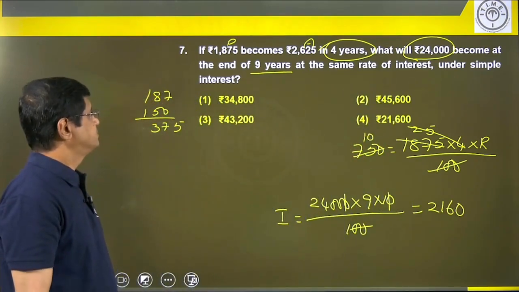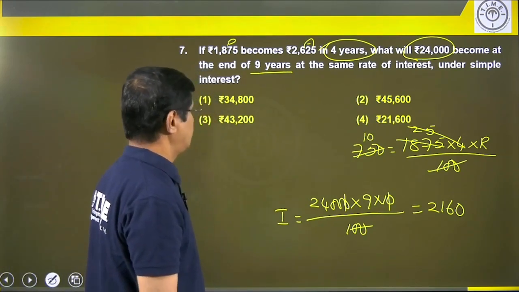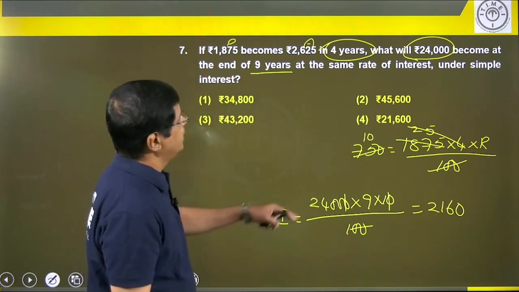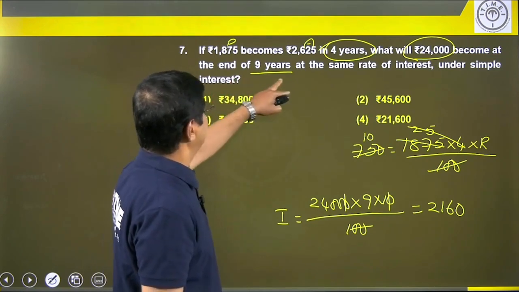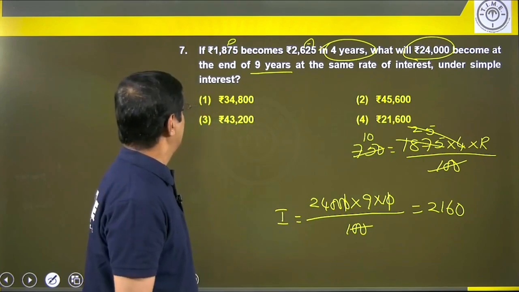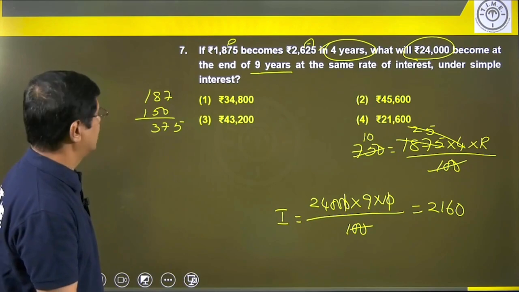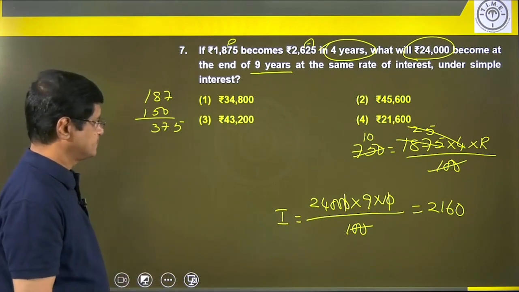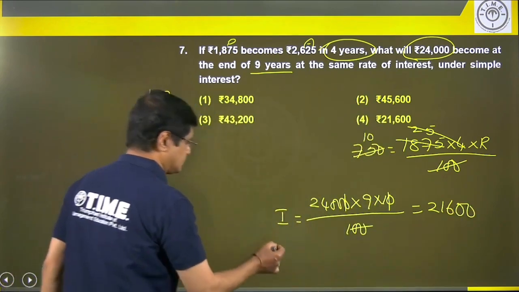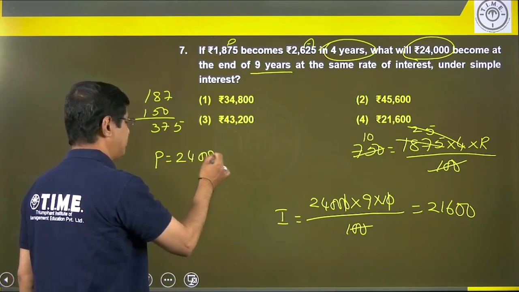So what to find here? What will the rupees become at the end of the 9 years? Just add 24,000 plus the interest value.